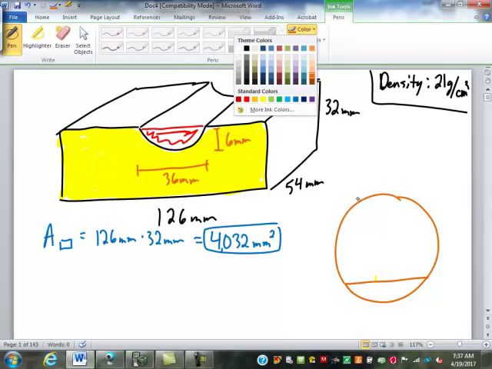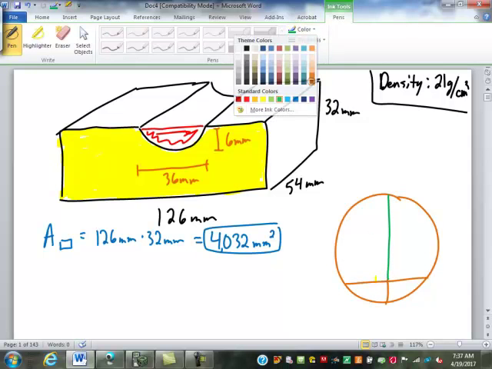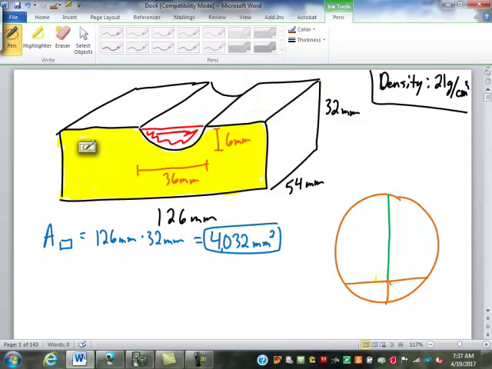So the way we're going to set this up, I'm going to extend this up through here to make a full diameter. This piece is the 6. This piece is going to be how much here? 18. Good. Half of the 36 here. And this will also be 18.